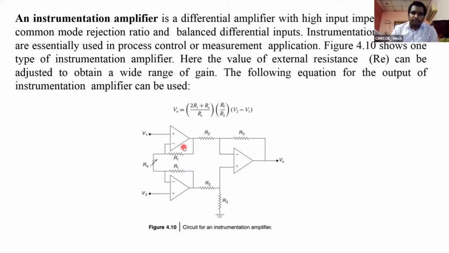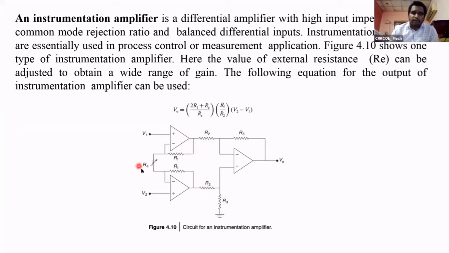Here the input voltages are connected to the positive terminal, means to the non-inverting ends of the op-amps, and the inverting ends are connected with some feedback circuits to the output voltages.